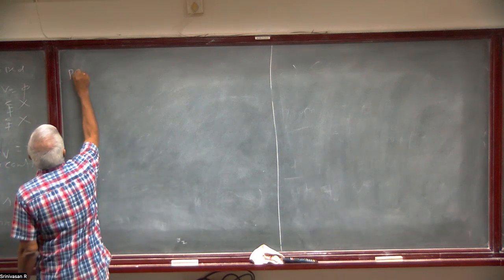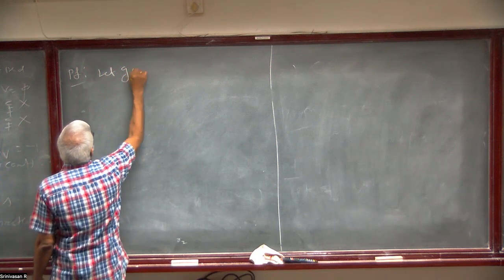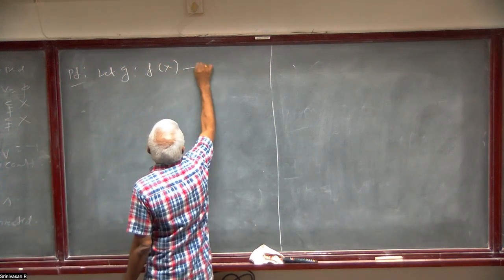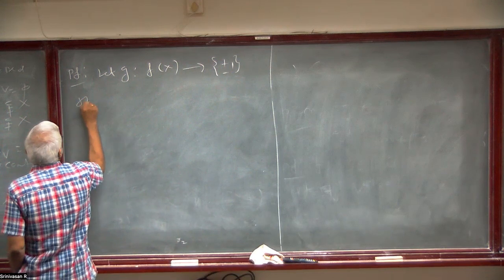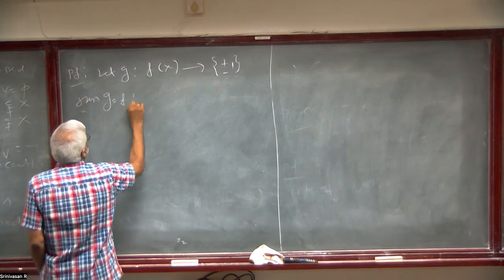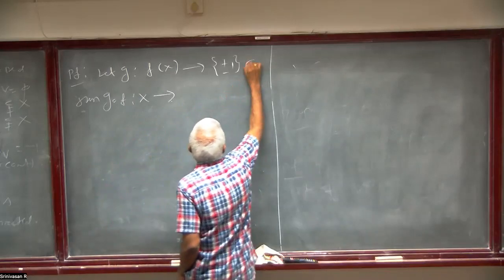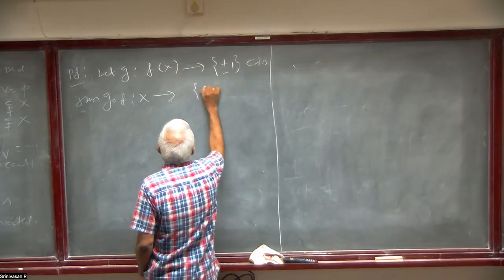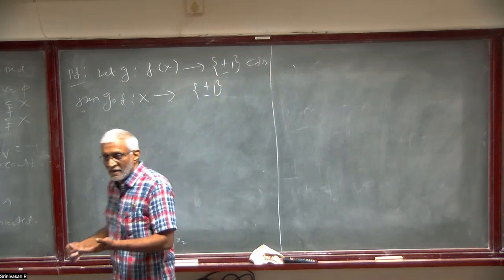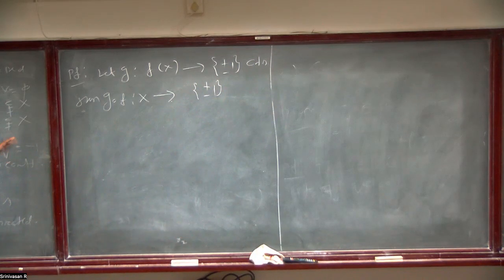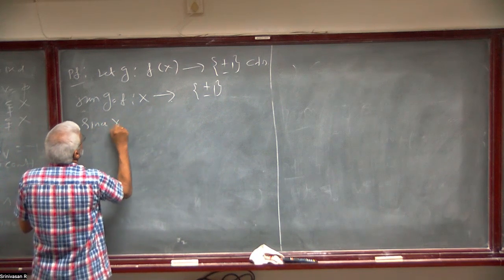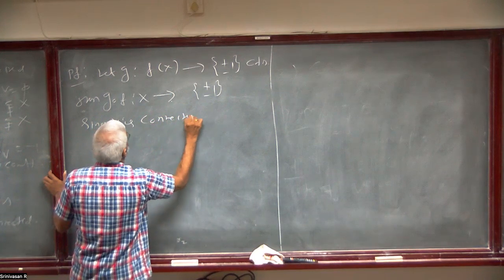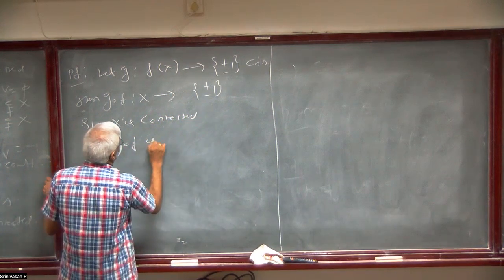Proof. Let g be a function from f of X to plus or minus 1. Then g composed with f is a continuous function to plus or minus 1. When you invoke this criterion, you don't have to use any open sets. So since X is connected, g of f is constant.